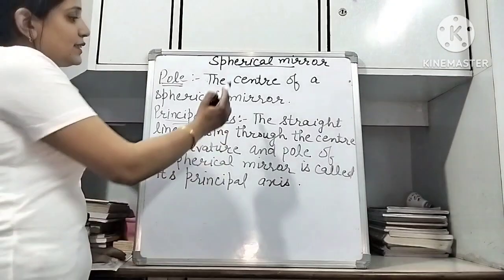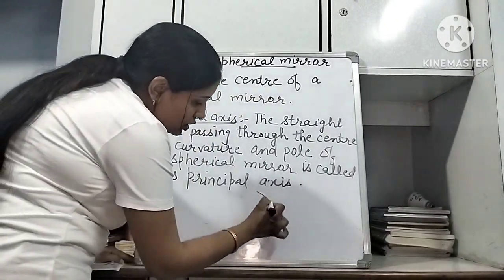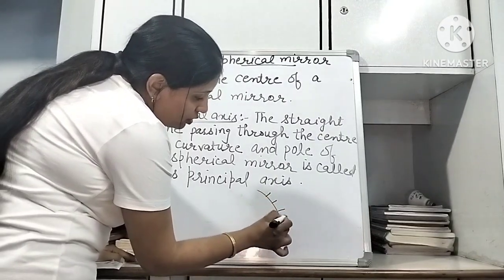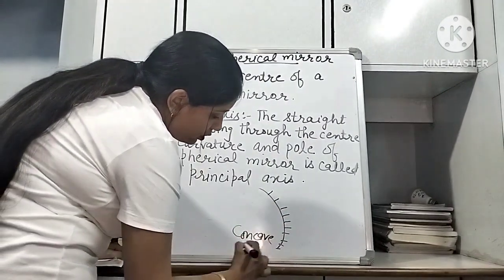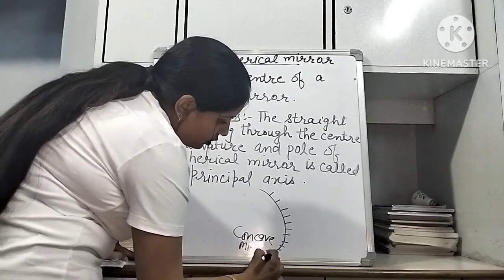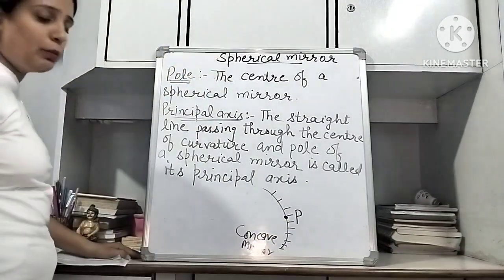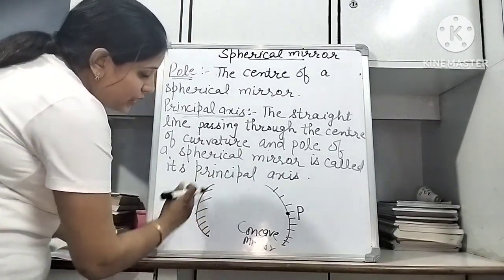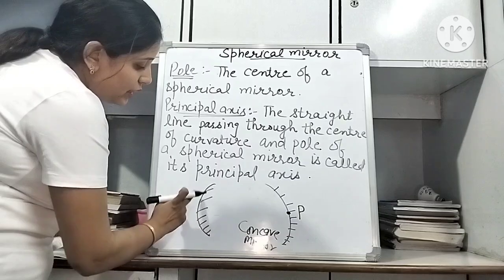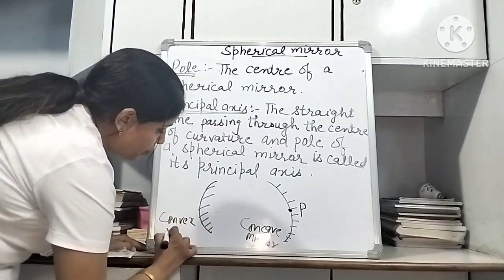Pole. The center of the spherical mirror is known as the pole. This is a spherical mirror, a concave mirror. So the center of this mirror is known as the pole, represented by the symbol P. If we have a convex mirror, whose bulging outward surface is the reflecting surface, that mirror is known as a convex mirror.